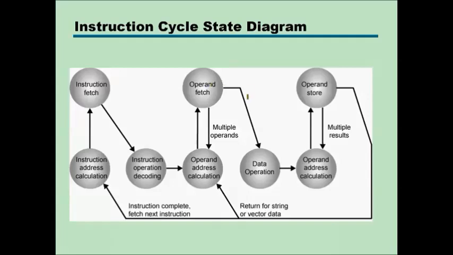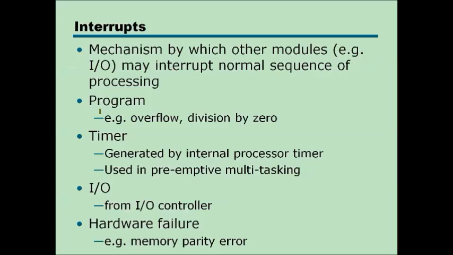Next, if you have multiple operands, data operation, operand address calculation, and then operand store. Once it is stored, okay, what's the next step? Return for string or vector data. So going back, as this is a cycle, if the instruction is complete, then fetch the next instruction. That's why you're going back here. So this is a sample of the instruction cycle state diagram.